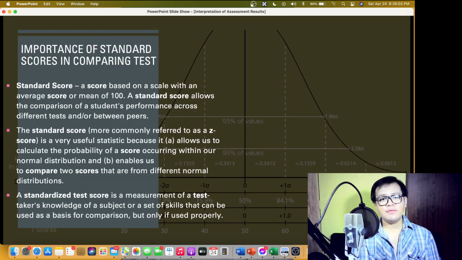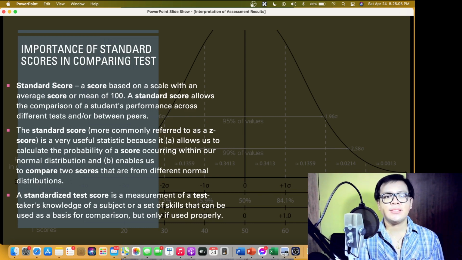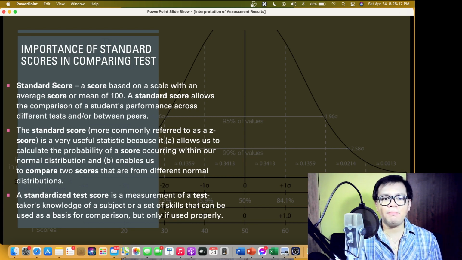The importance of standard scoring and comparing tests. A standard score is a score based on a scale with a mean of 100. A standard score also allows a comparison of the student's performance across different tests and between peers. The standard score is more commonly referred to as the Z-score.